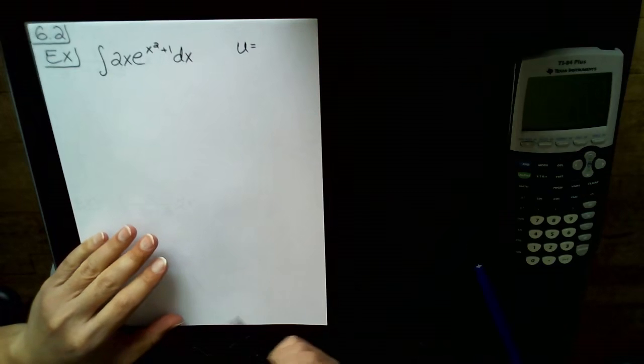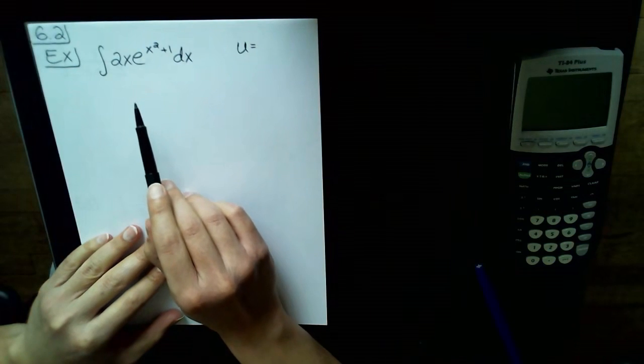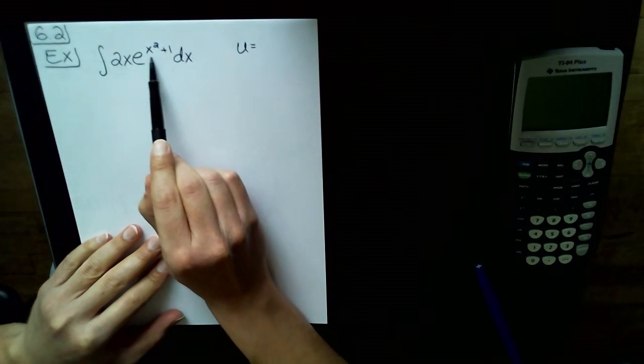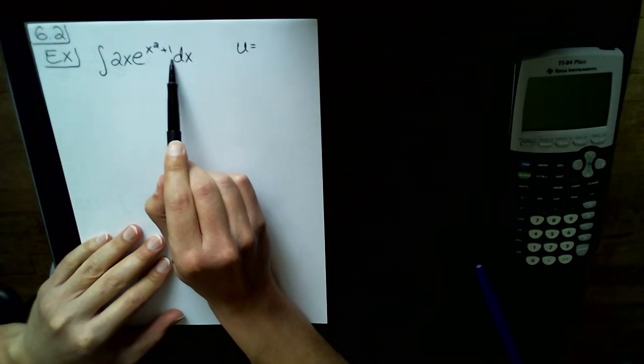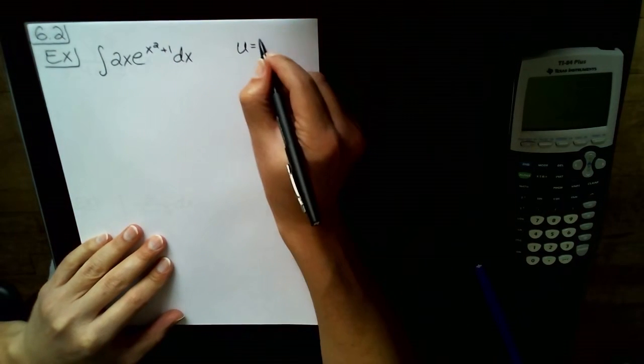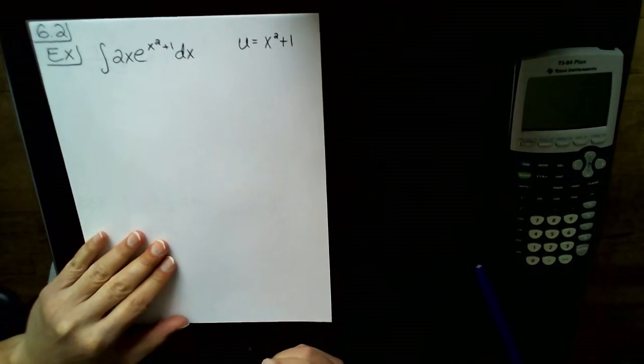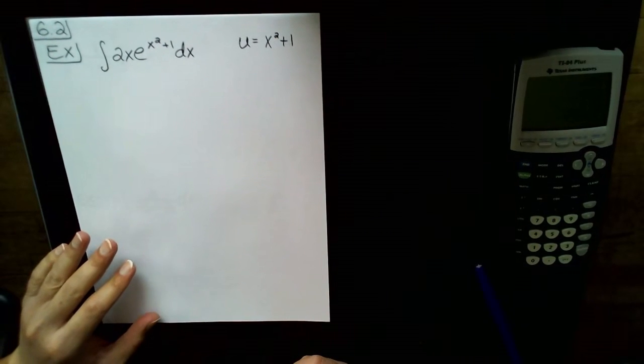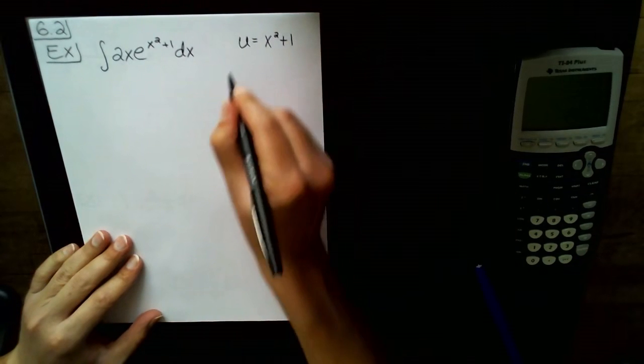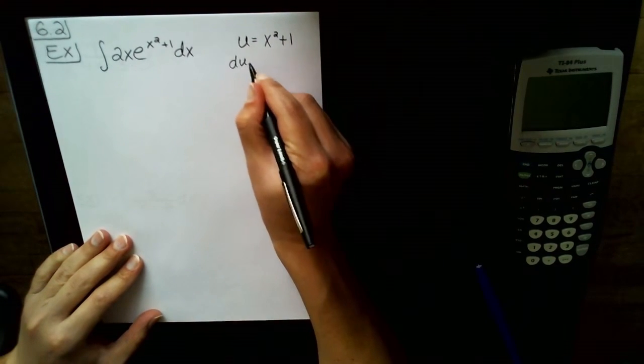But what's being plugged into e to the x? The x squared plus 1. So we're going to let u equal x squared plus 1. And now that we have that, we find du.